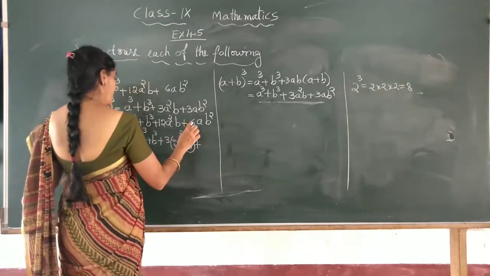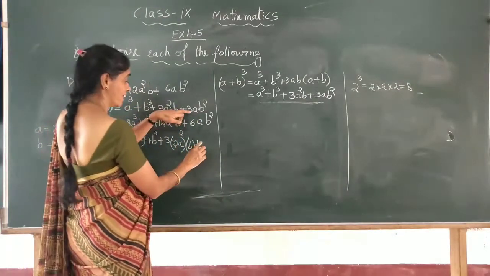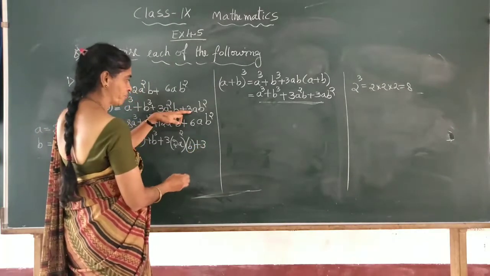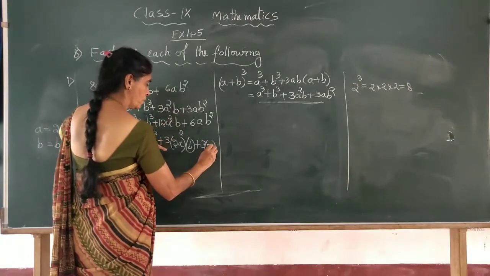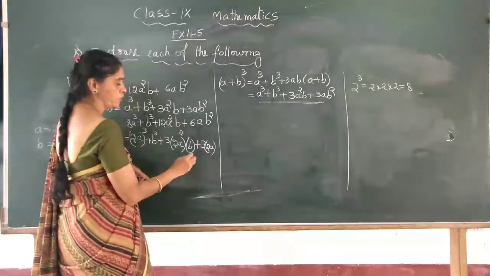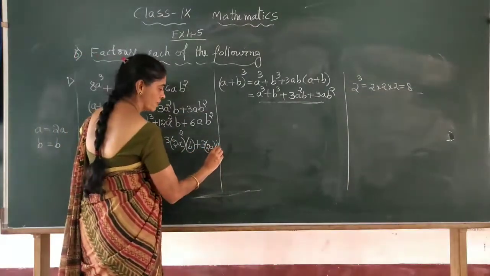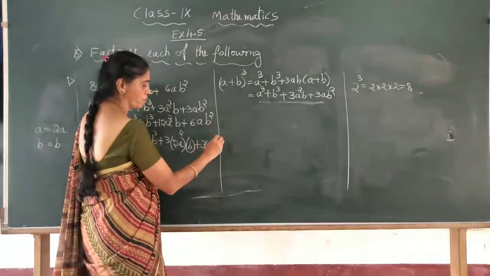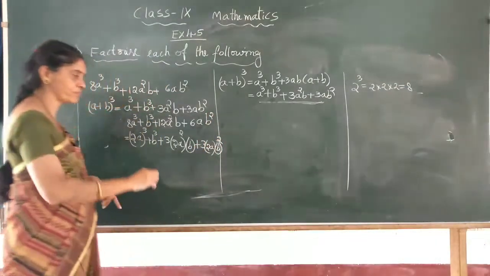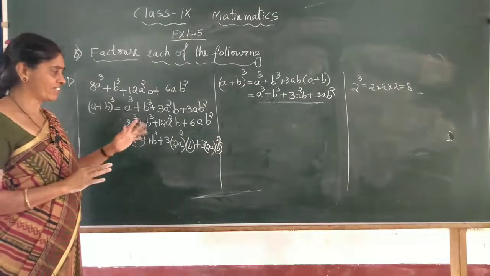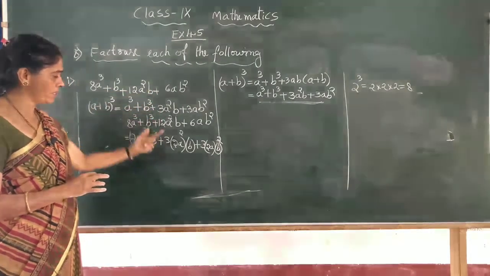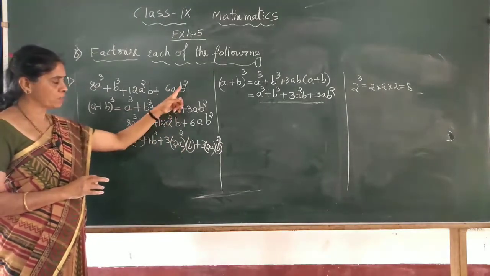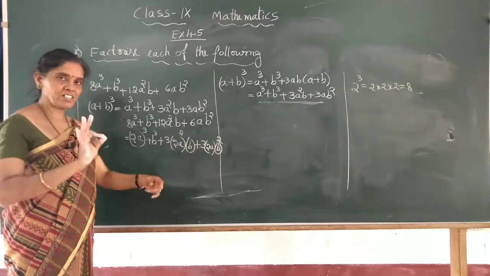Plus, don't write 6, you have to write 3 into a, which is 2a, into b, and b is b, so it's a square, b square. Now we will check whether it is right or wrong, whether you will get 12a square b and 6ab square by this. I will show you.